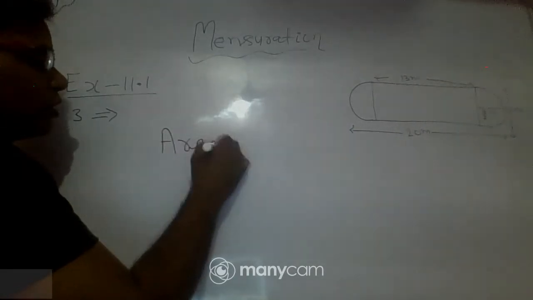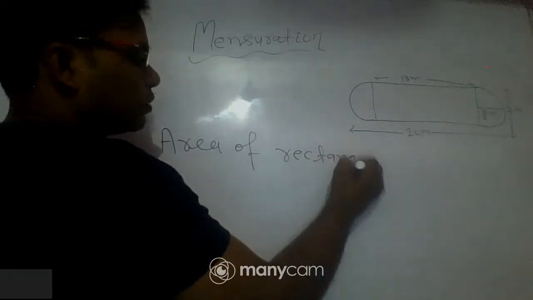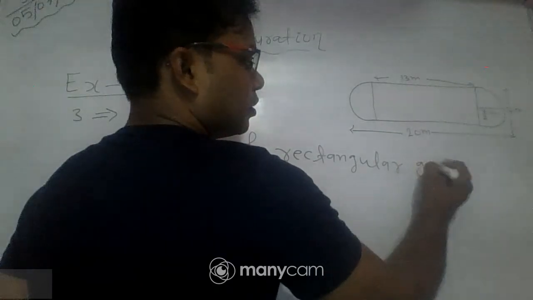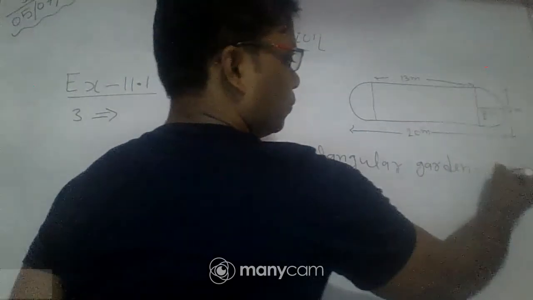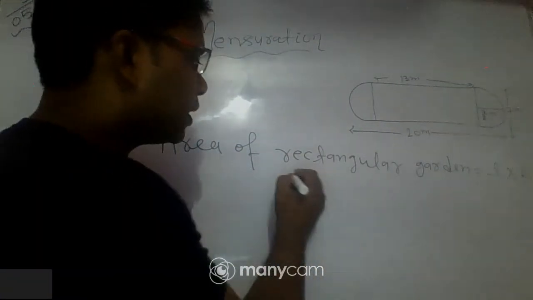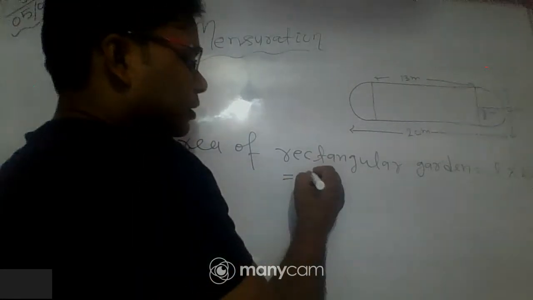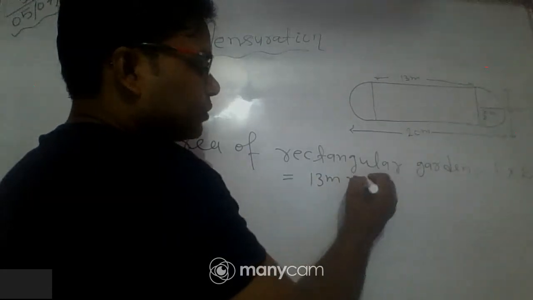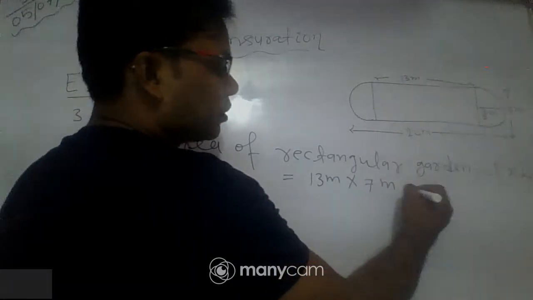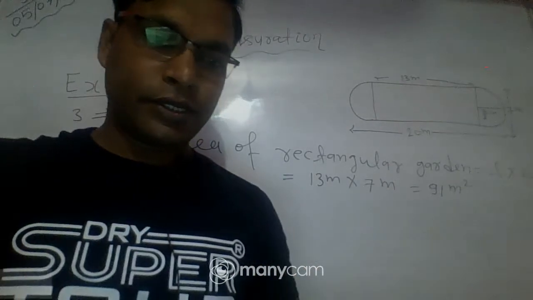So you can see here, this is a rectangular garden. Area of the rectangular garden is equal to length into breadth. Length of the rectangular garden is equal to 13 meter and breadth is equal to 7 meter.